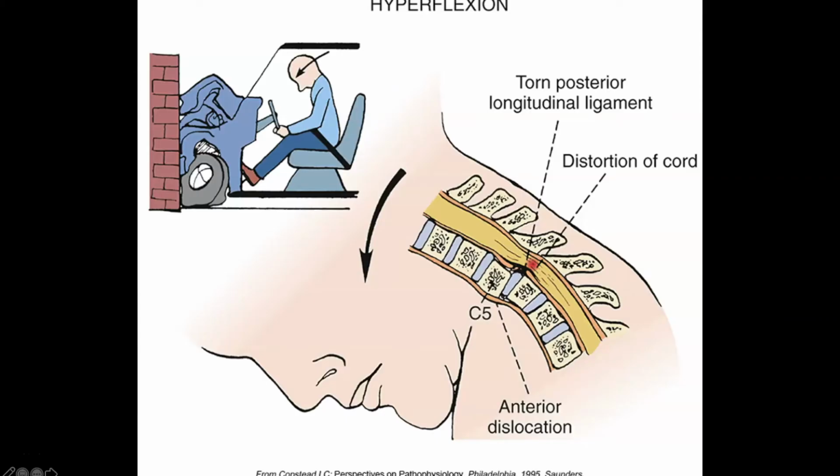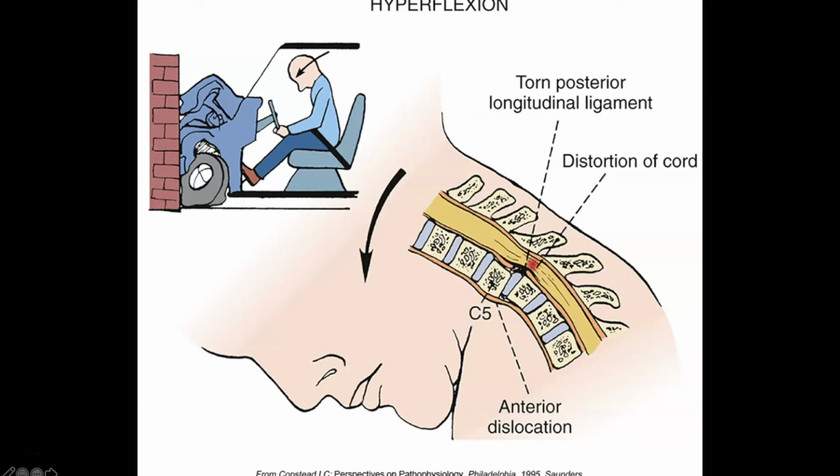Two types of injuries here with the neck that we're going to talk about are first the hyperflexion injury and then the hyperextension injury. So the hyperflexion injury here, now we've got not only the movement of the neck in a position it's not supposed to be, but you also get this fulcrum.